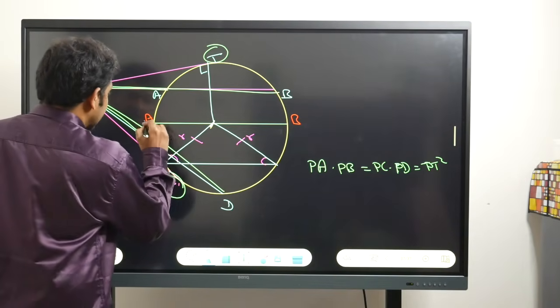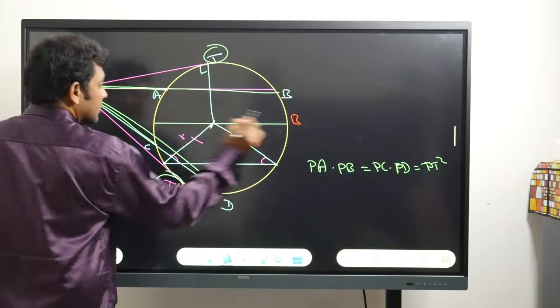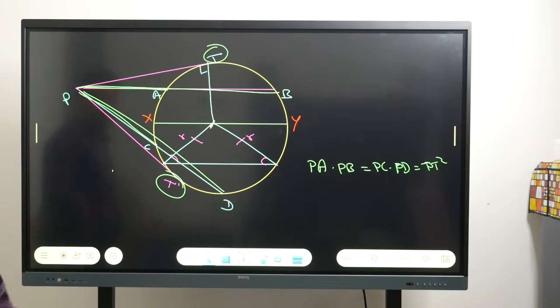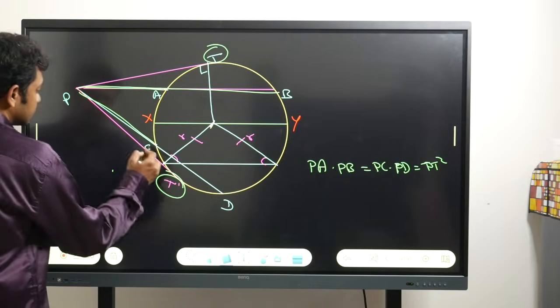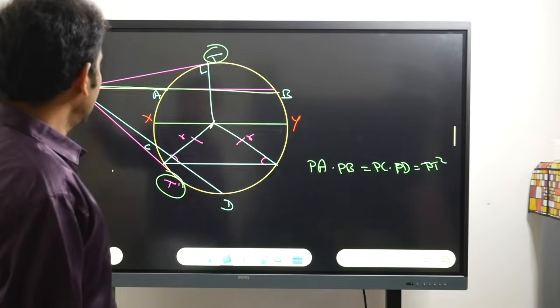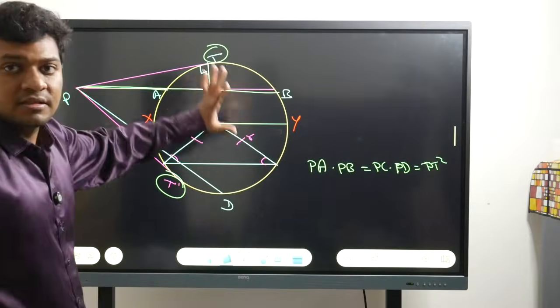Or let me have it as x and y. Fine, just to understand everything: tangent, chord, diameter, circle.